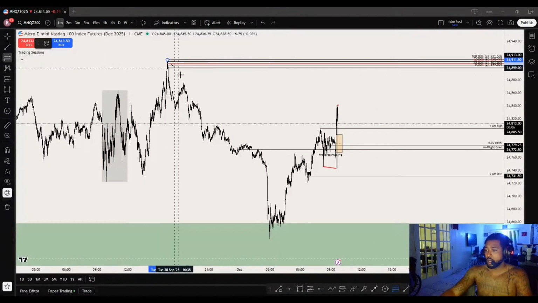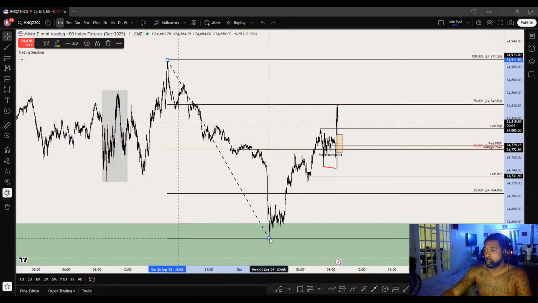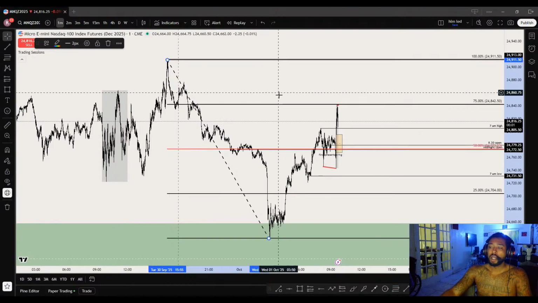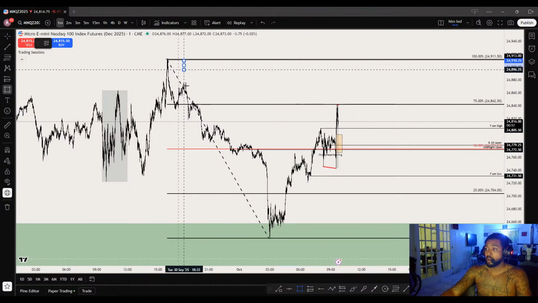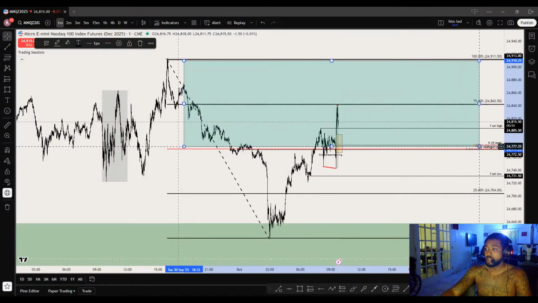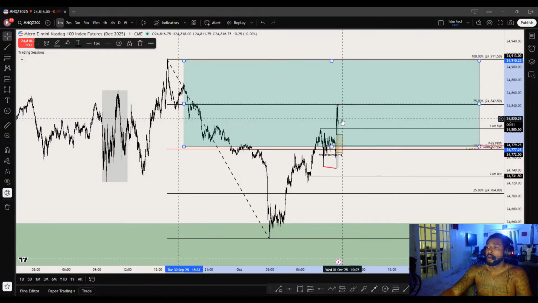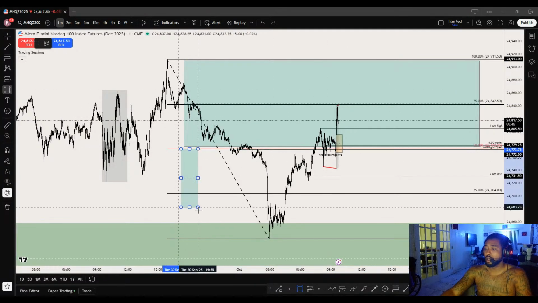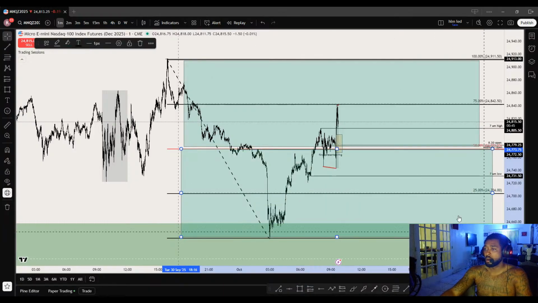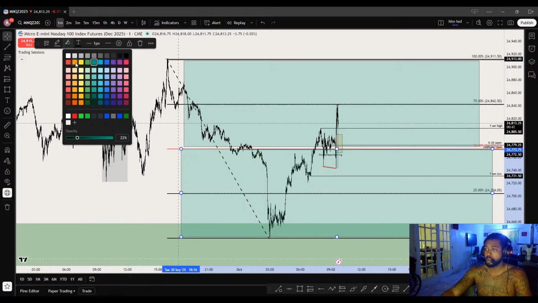Use the fib from the high to the low. So you see how if I'm buying anything up here, which is where I'm at right now, with price literally up here, this is a premium. It's too expensive. Your best buys are going to come when you're buying down here, right? This is when your best buys are going to come.